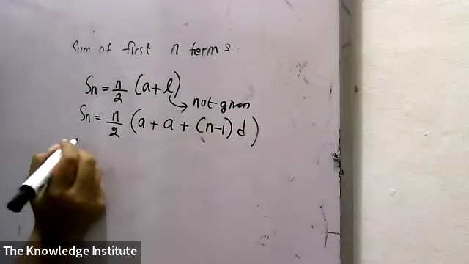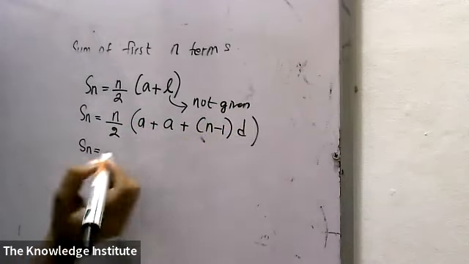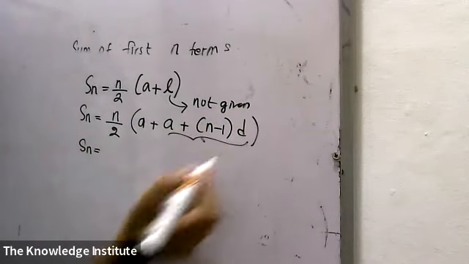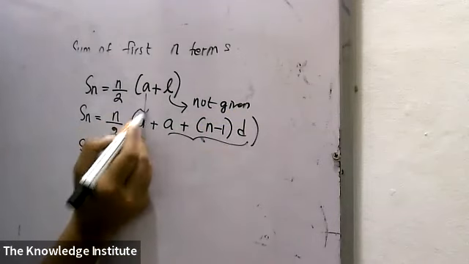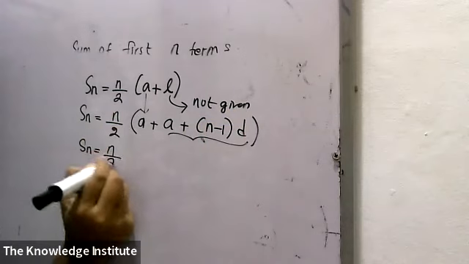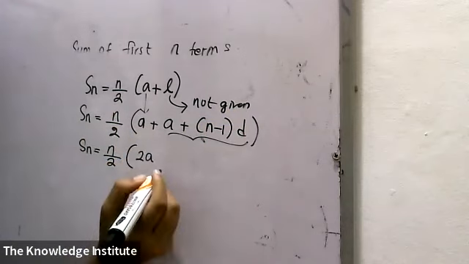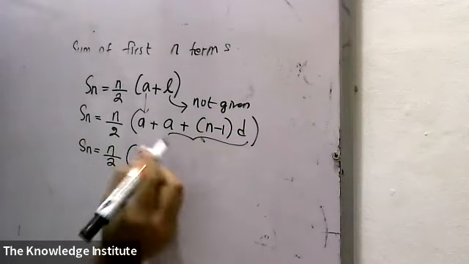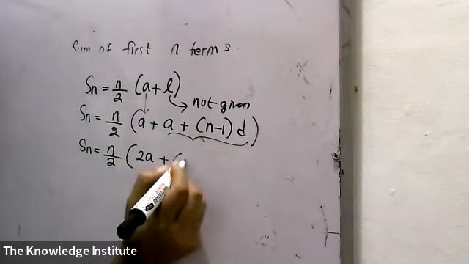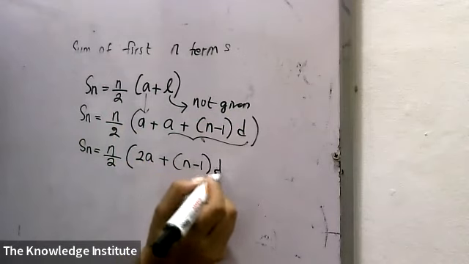Yes or no? Yes. This is the equation we studied. So this is already there in our equation. So n divided by 2, a plus a is 2a. Whenever you add, it becomes 2a. Then we have (n minus 1) into d.